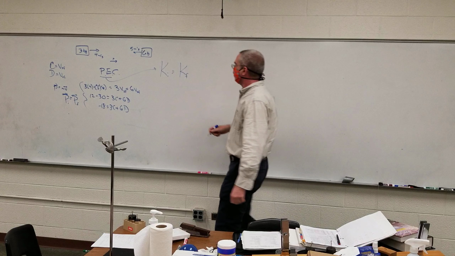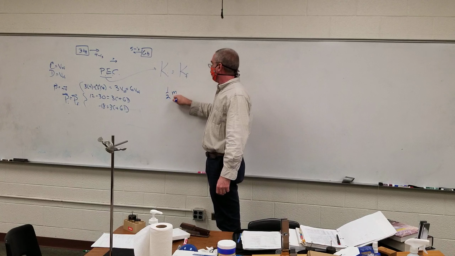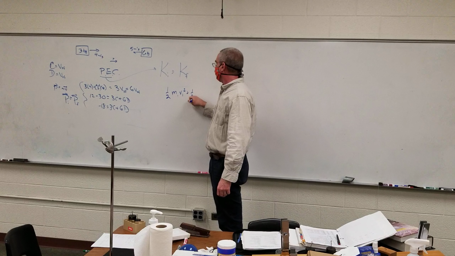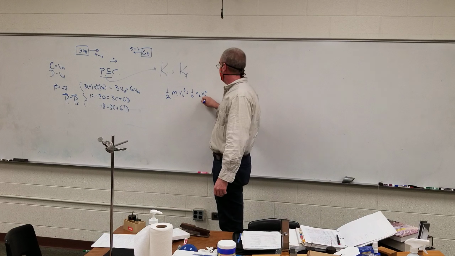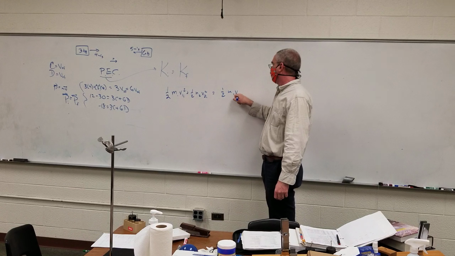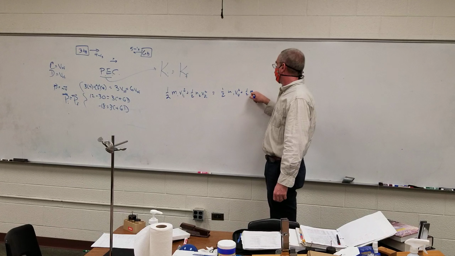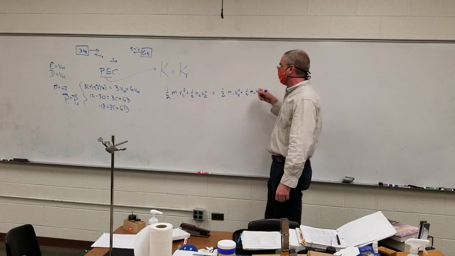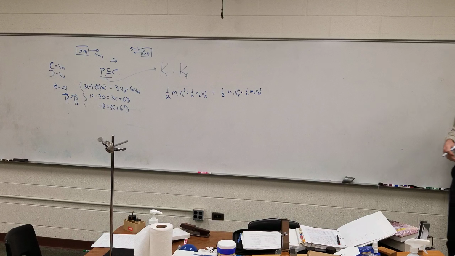So I have 1/2 m1 v1 squared plus 1/2 m2 v2 squared initial is equal to 1/2 m1 v1 final squared plus 1/2 m2 v2 final squared. Generically, for two objects, the kinetic energy at the beginning equals the kinetic energy at the end.